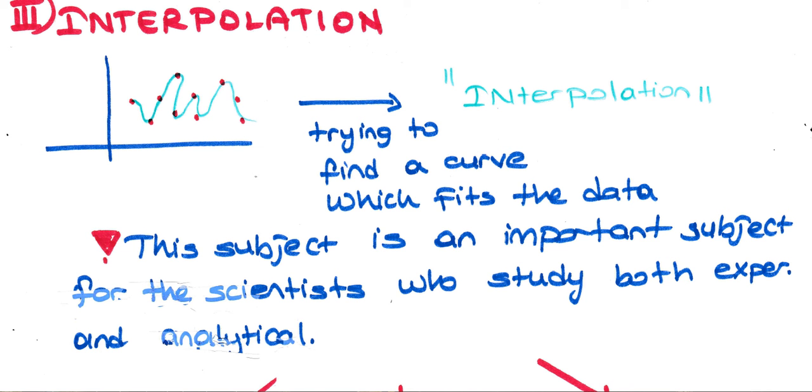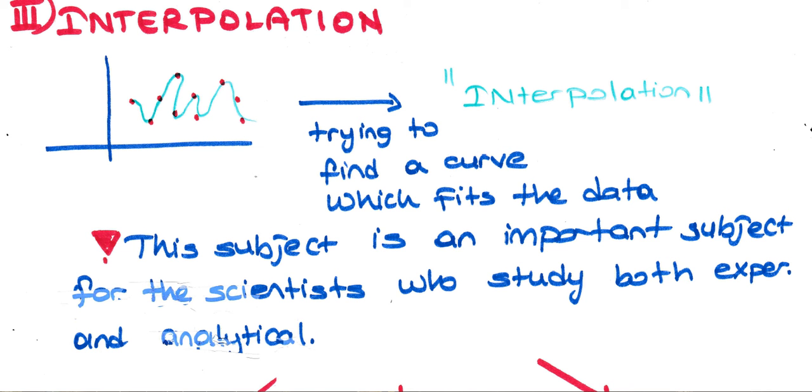Extrapolation means that, by using your data set, you try to find the value of a point which is outside of your domain. Domain here means your data set. You can say that.